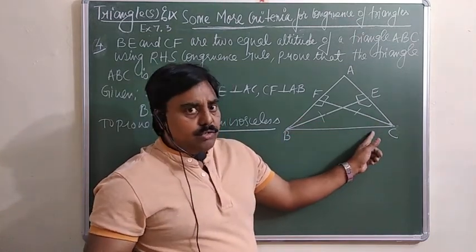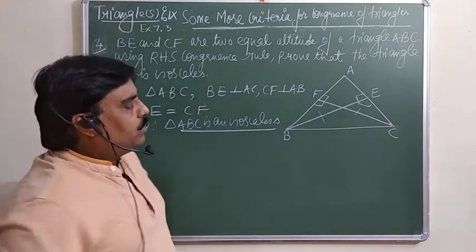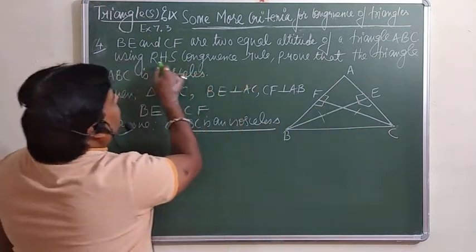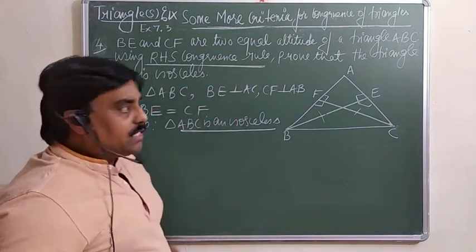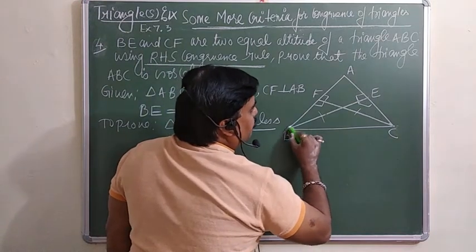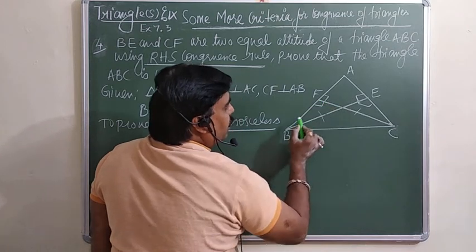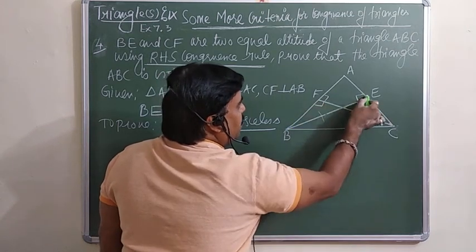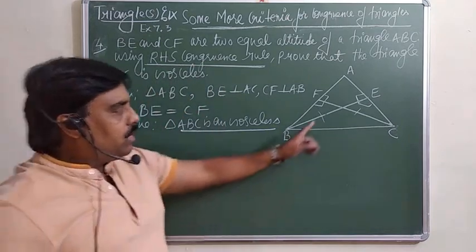So one thing is here, either you are supposed to make the angle B equal to angle C, then also you can declare, or AB is equal to AC, then also you can do. Because we are bound to apply the RHS congruence rule, to apply RHS you are supposed to take the triangle BEC and triangle CFB. If you are taking triangle AEB and AFC, you cannot apply the RHS.